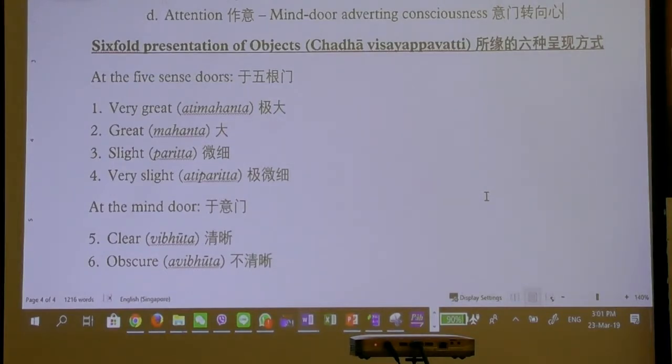So this way, sometimes after 2 bhavanga, it starts to take the object. At that time, it can produce only 15 mind movements. The 15 mind movements is called great object.